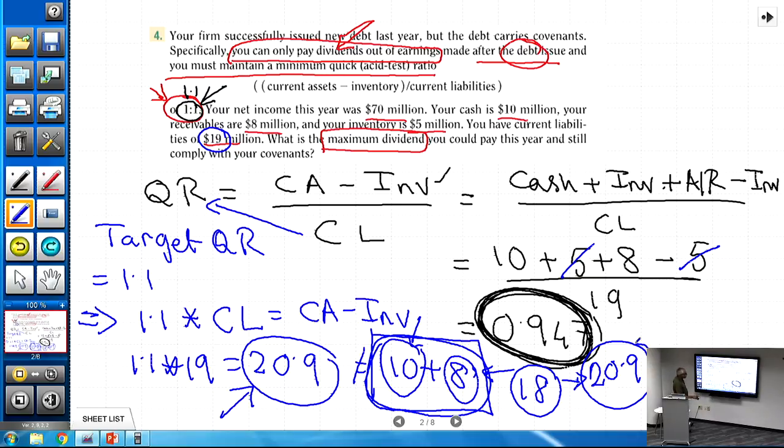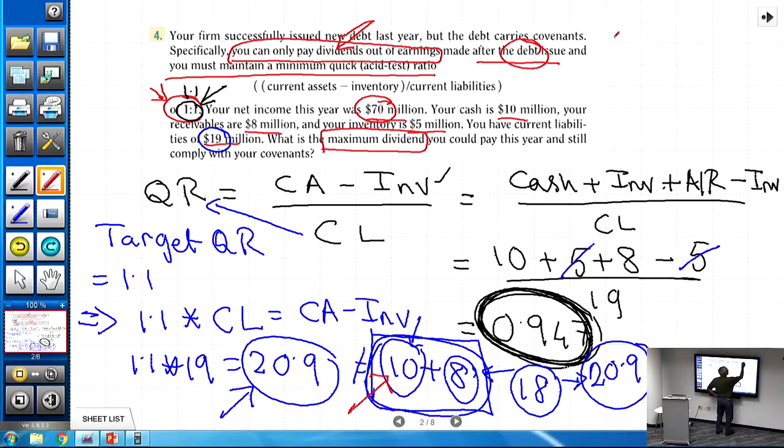I have to increase my cash holdings. This is the place where I can make an impact, because where is cash coming from? Cash will come out of your net income. So you have 70 million left over. I have to hold some portion of it back before I pay out dividends. And how much should I hold back? At the very minimum, I have to increase this from 18 to 20.9. That means it is 2.9.